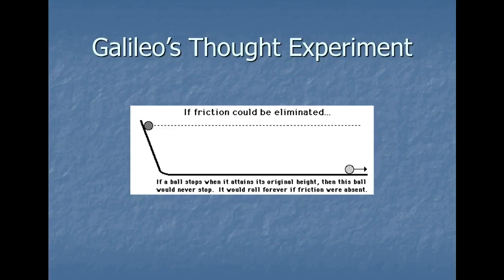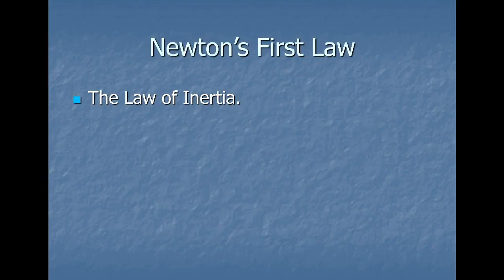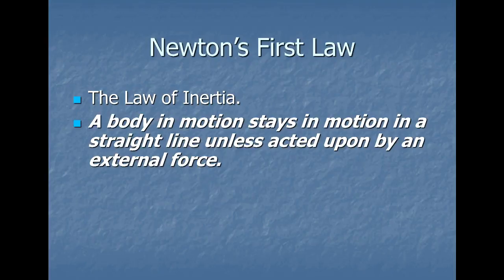This thought experiment by Galileo eventually led Newton to his first law of motion, which he stated as the law of inertia. He said, a body in motion stays in motion in a straight line unless acted upon by an external force.